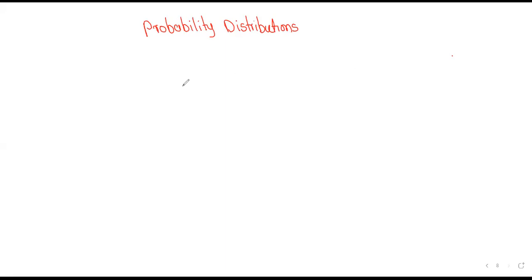Okay, so under probability distribution, first of all we have to study binomial distribution. Second is Poisson's distribution.